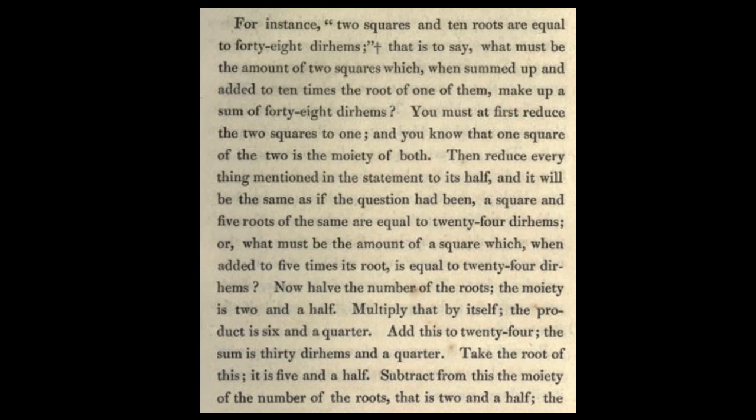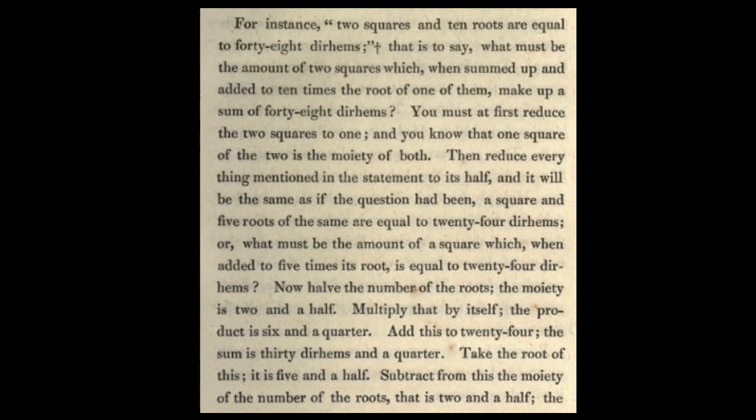2 squares and 10 roots are equal to 48 dirhams. That is to say, what must be the amount of 2 squares which, when summed up and added to 10 times the root of one of them, make up a sum of 48 dirhams? You must at first reduce the 2 squares to 1, and you know that 1 square of the 2 is the moiety of both.